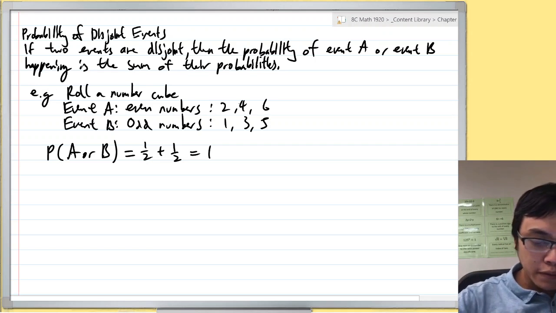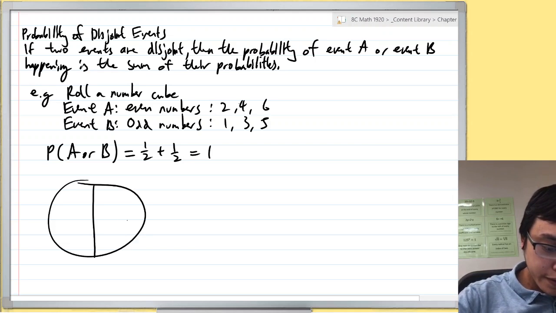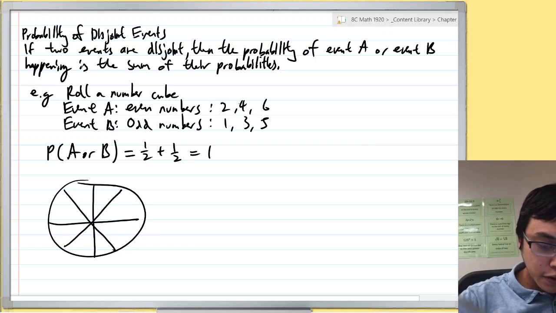In a spinner, I have 2 events. Let's say we have 8 sections with the numbers 3, 4, 7, 9, 11, 15, 16, and 18.